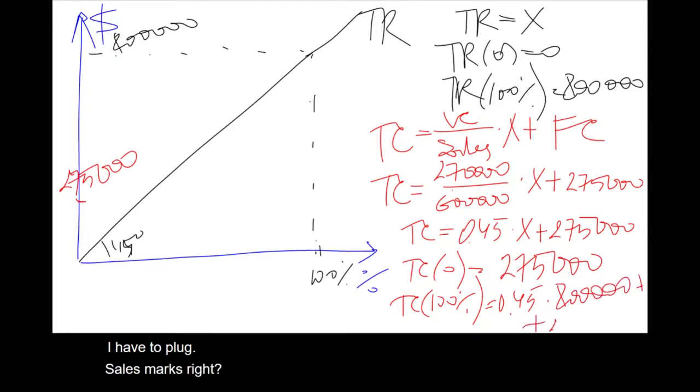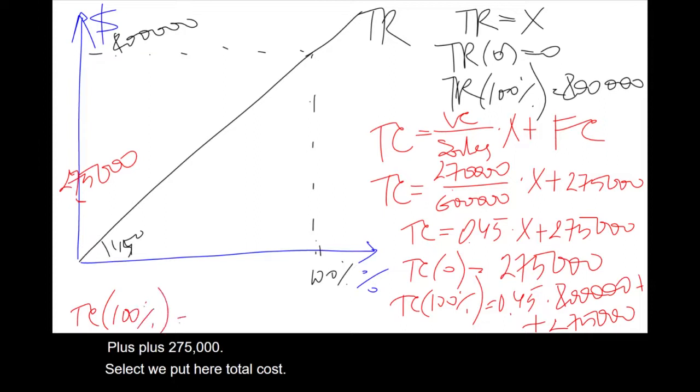Plus 275,000. So let me put here total cost for 100% is 0.45 times 800 plus 275,000. That's $635,000.